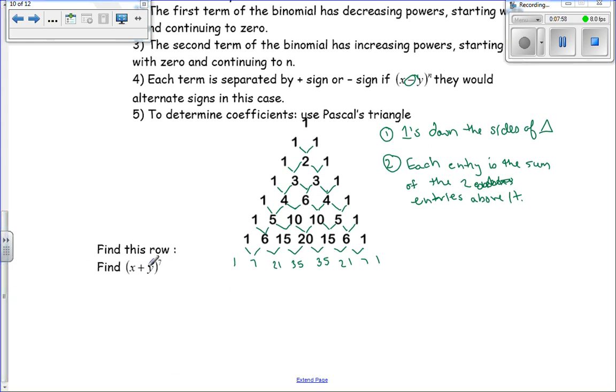Then I want you to find (x + y) to the 7th. I'm going to do it down here.